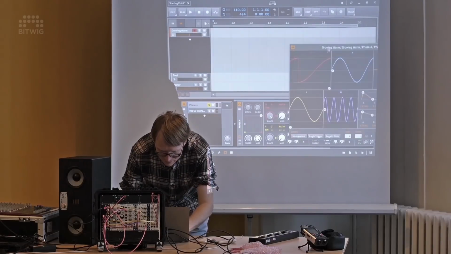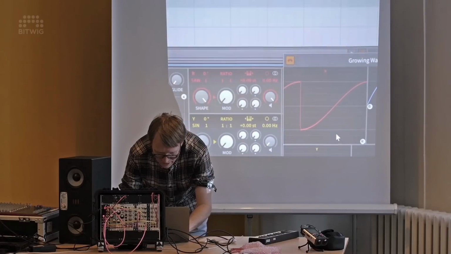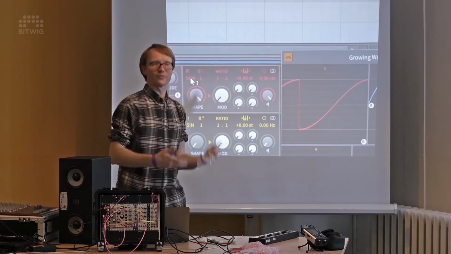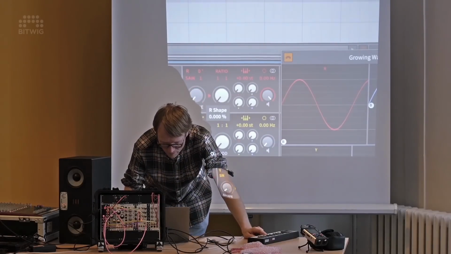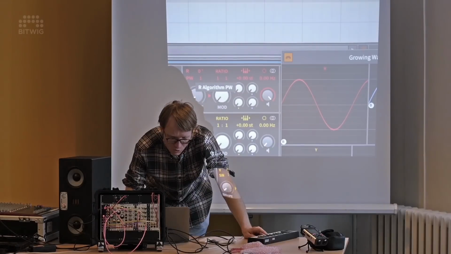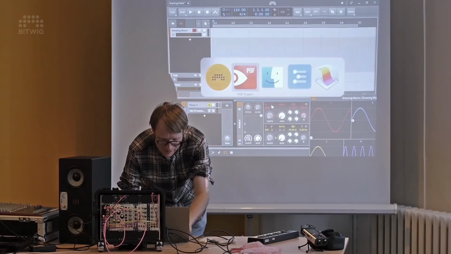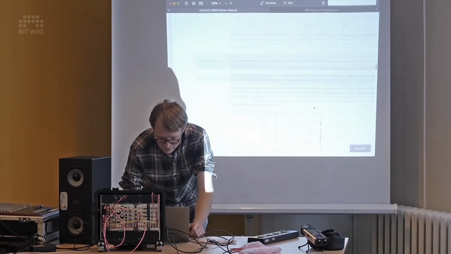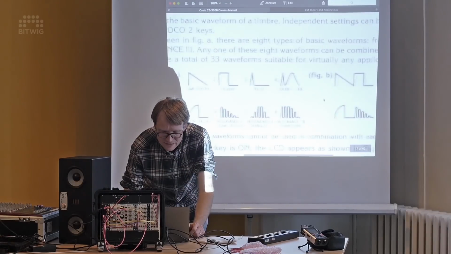And now, the reason that this one here is going from sine to saw is that each of these oscillators has different algorithms for phase distortion, which basically determines the starting point and the end point. If we go back and take a look again at our Casio friends, who were the first people to do this, they had a similar idea.